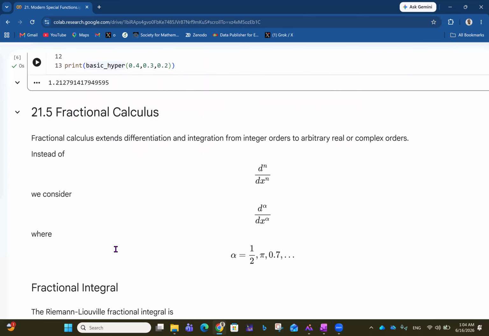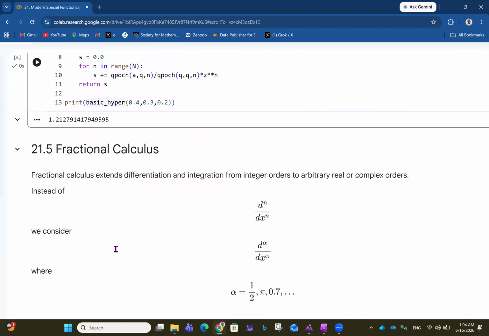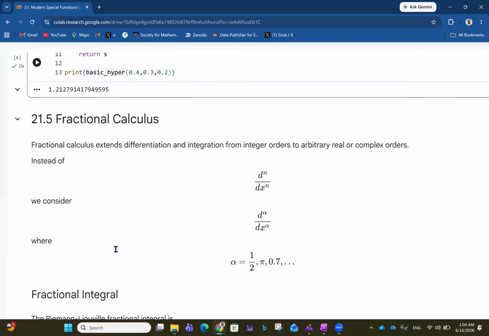Fractional calculus extends differentiation and integration from integer orders to arbitrary real or complex orders. So instead of d^n/dx^n, we consider d^alpha/dx^alpha, where alpha can be a fraction, a rational fraction, or it can be an irrational fraction like pi.